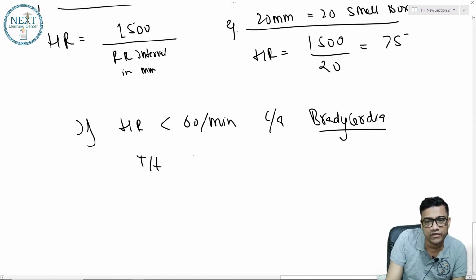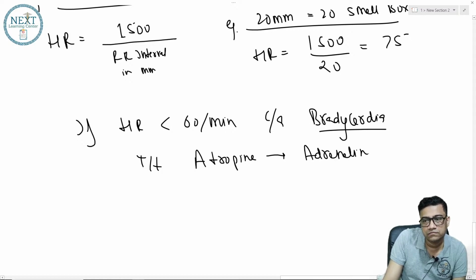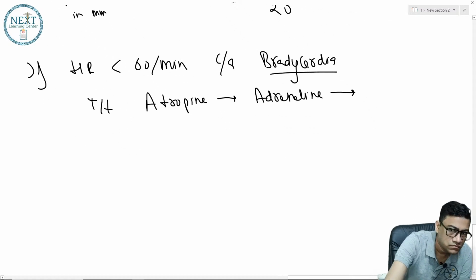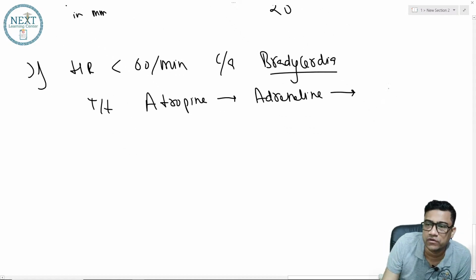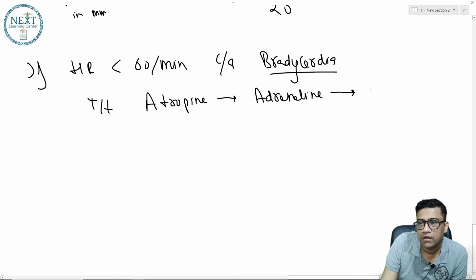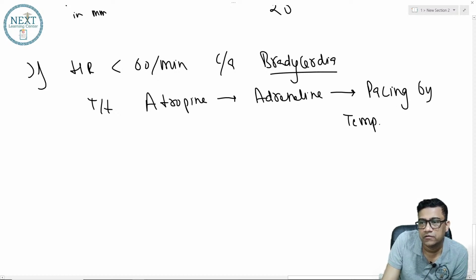Treatment is we will use atropine; if not improved, adrenaline; if not working, then we go for pacing by pacemaker, temporary or permanent.